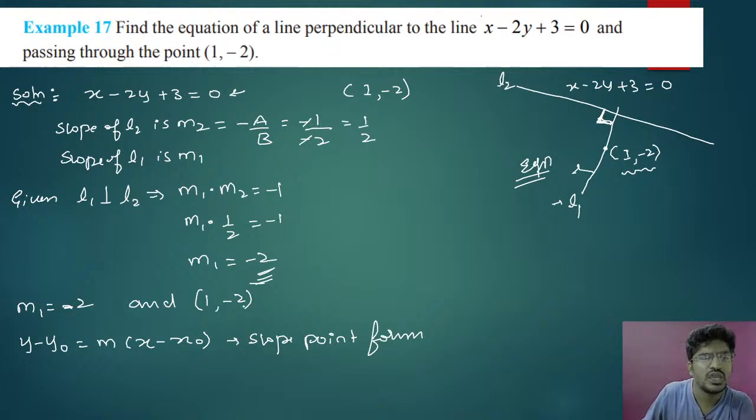Here you can see this is your y naught, this is your x naught. So y minus y naught is y plus 2, m is -2, x minus x naught is x minus 1.